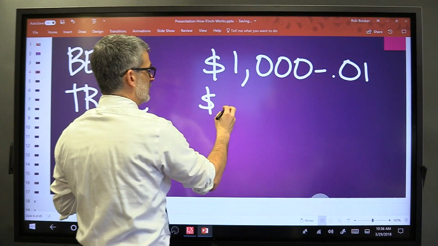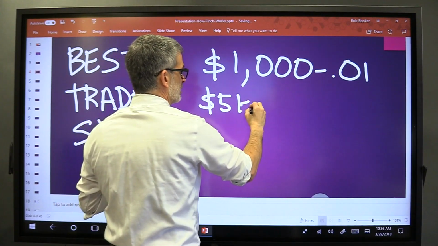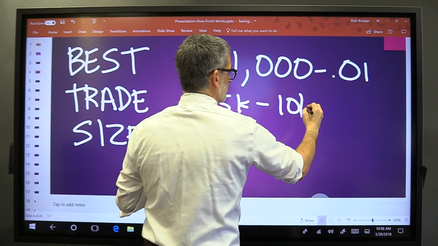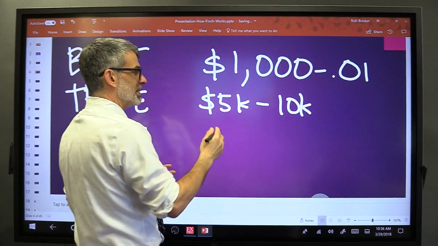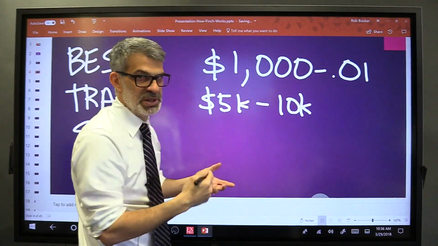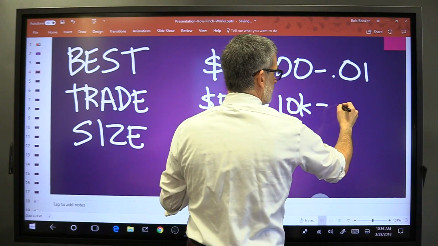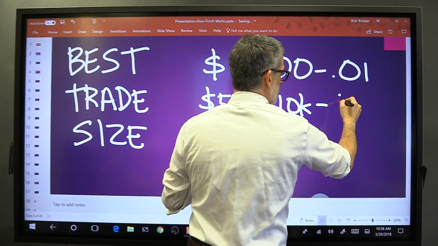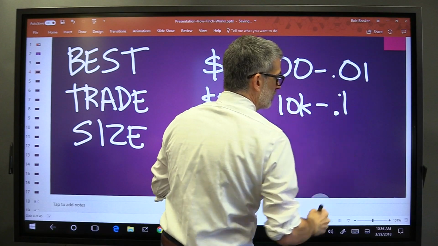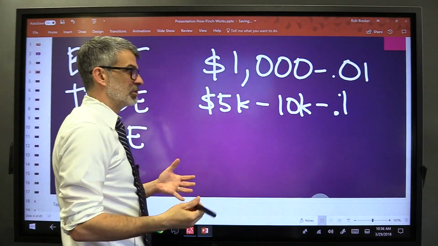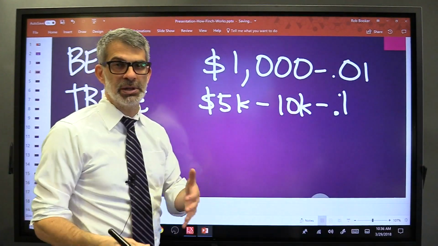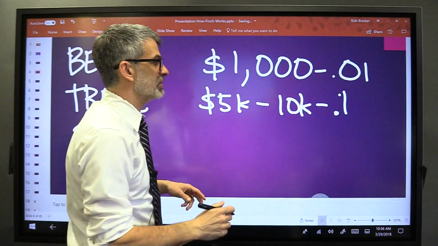If your account is between 5,000 and 10,000, and I know that's a range with numbers missing in between, your best trade size is probably 0.1, or a mini lot, to start with as a discretionary trader, buying and selling, pushing buttons and whatnot.